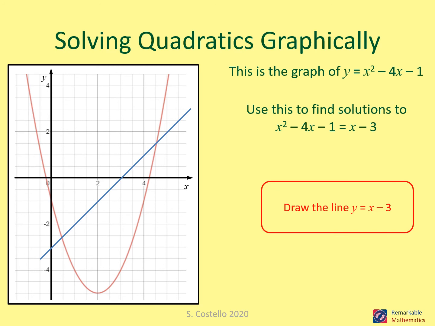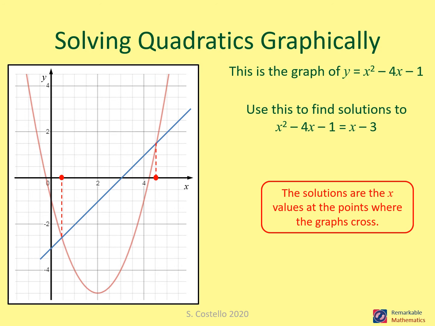And the blue one is the right side of the equation, x minus 3. Where the two graphs cross is the only point where those two graphs will have the same solution. So what we're looking for is the x values here. There's one of them. There's the other one. And it gives us values x equals 0.4 and x equals 4.5.